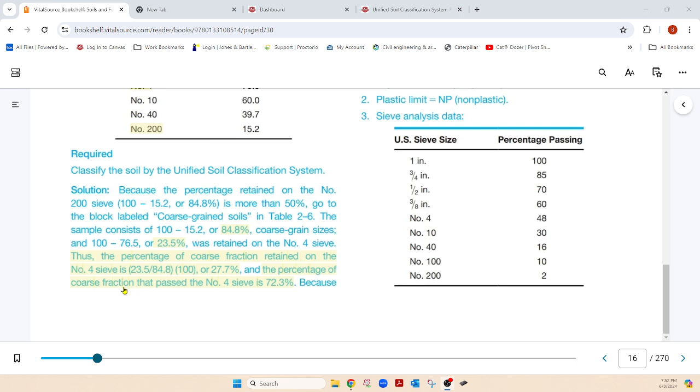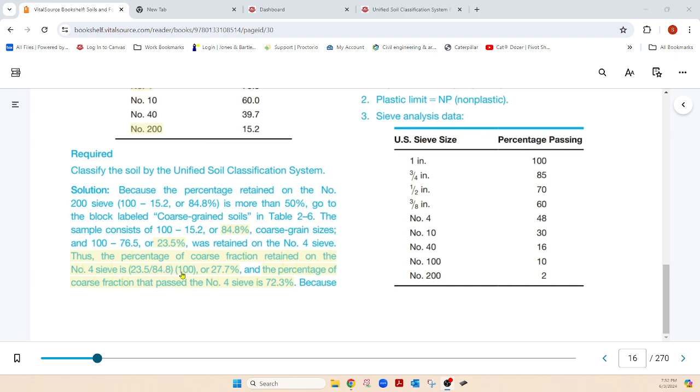Now, the way you get that is you take that 23.5 that we got earlier on, retained on the number 4 sieve, and we want to know what part of the 84.8% retained on the number 200.